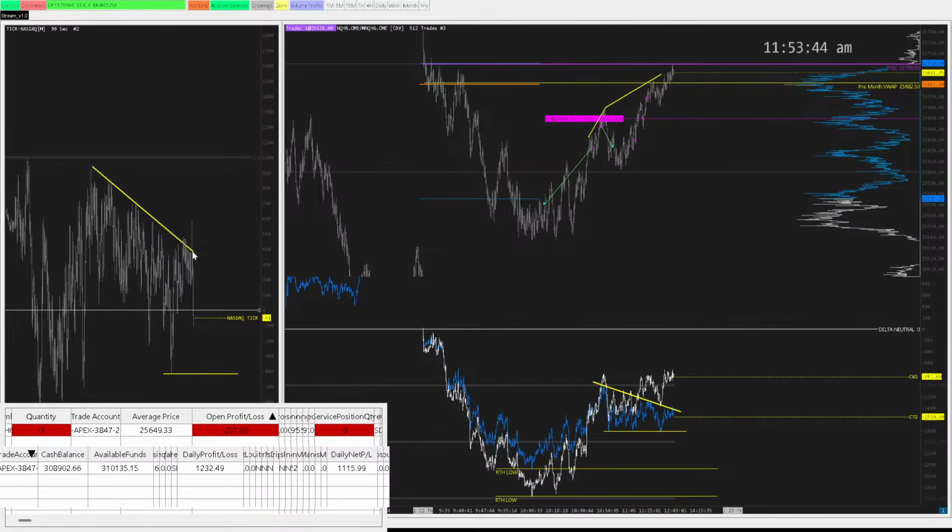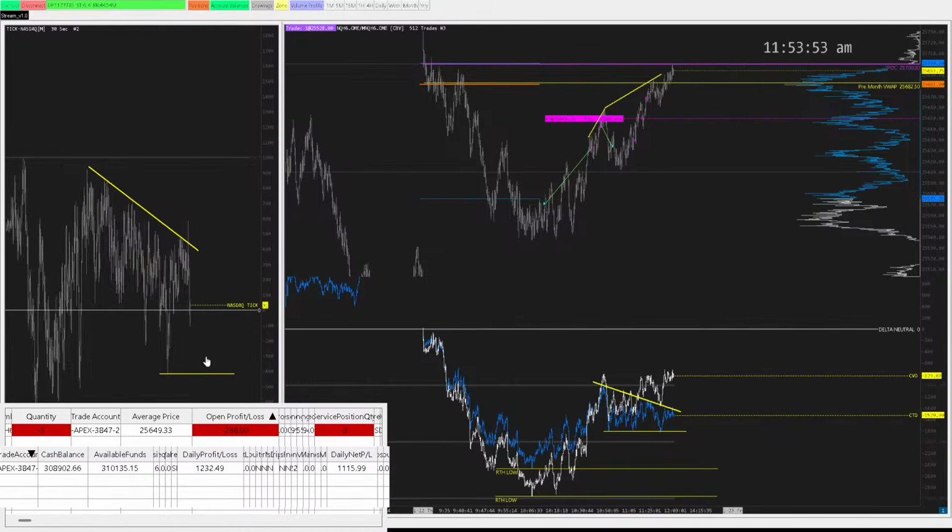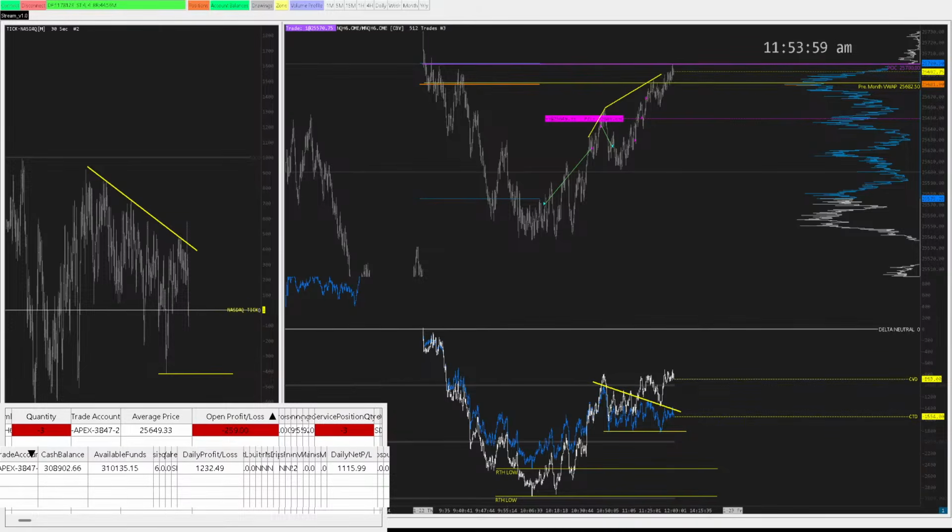Really watching to see if the Nasdaq makes a new low over here. You guys can see how things, check it out.